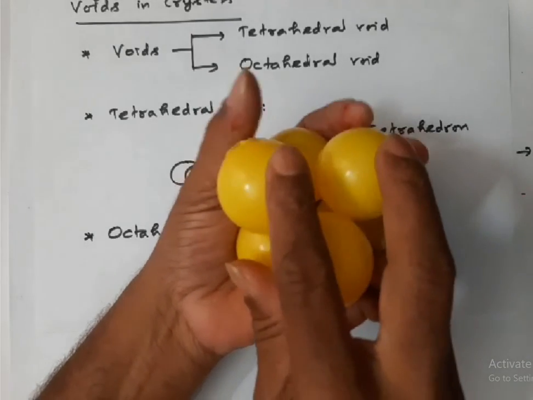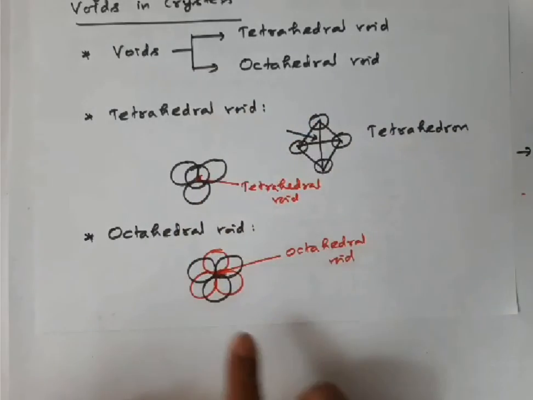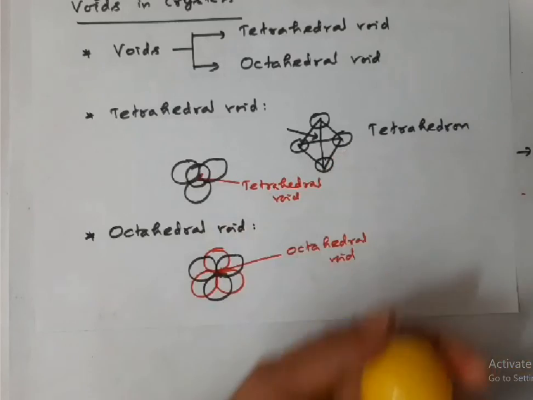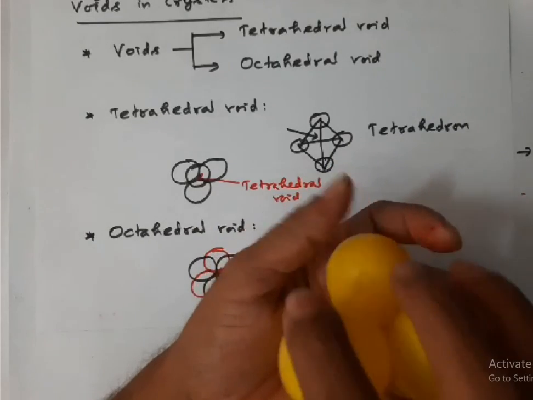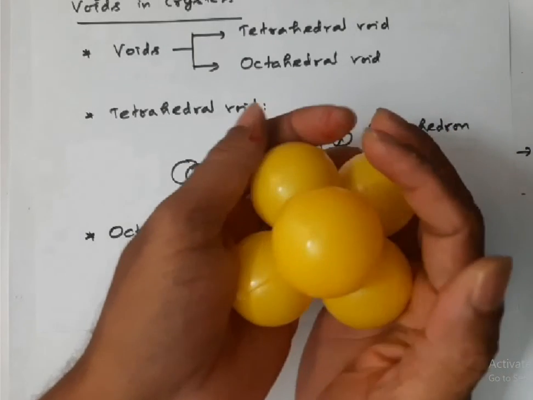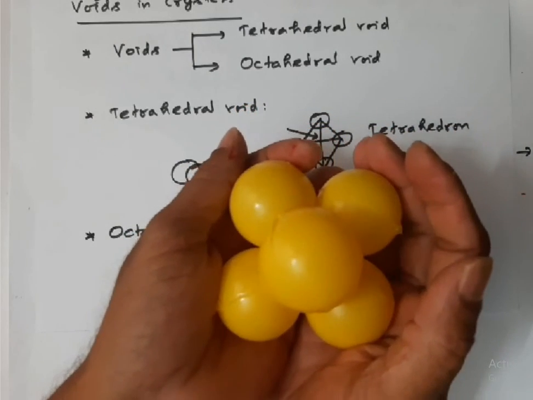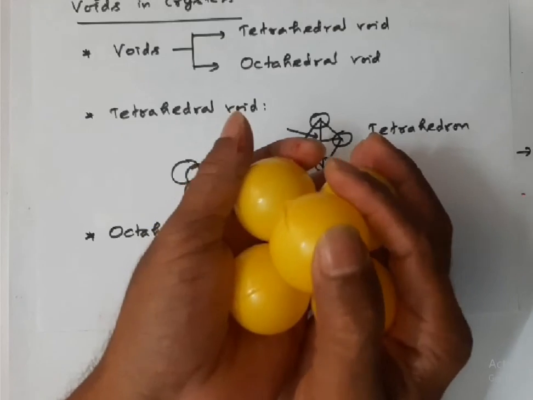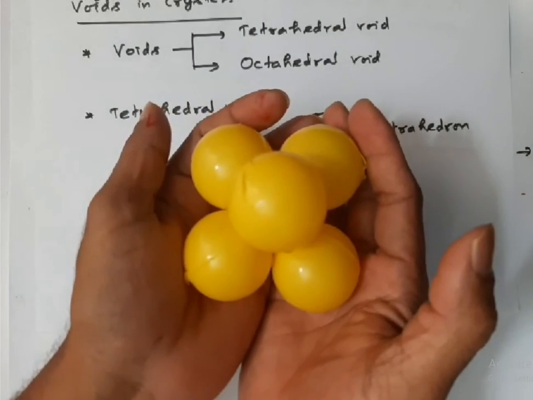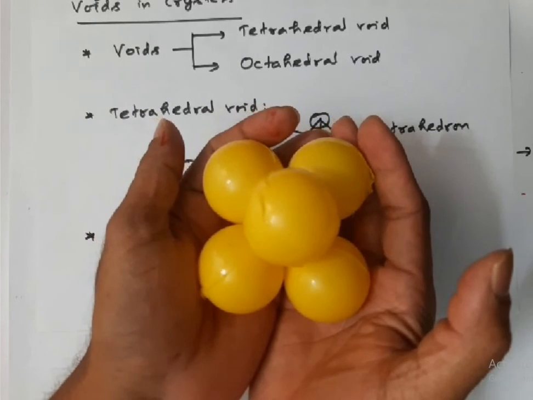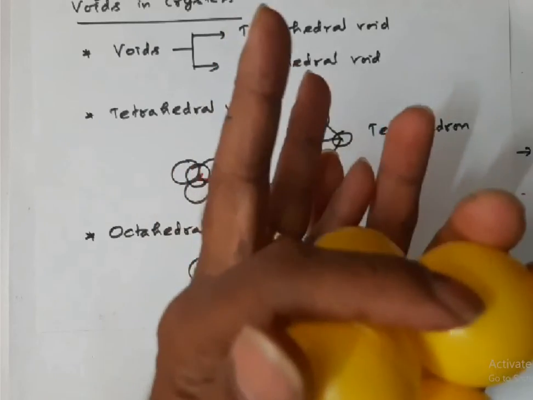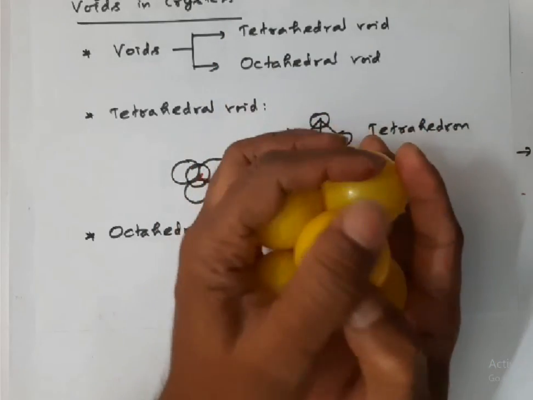We have three balls below and three balls above. If I turn this structure, students, how does this structure look? We have four atoms at the middle and one atom at the top and one atom at the bottom. Is it correct? Students, are you able to see this?